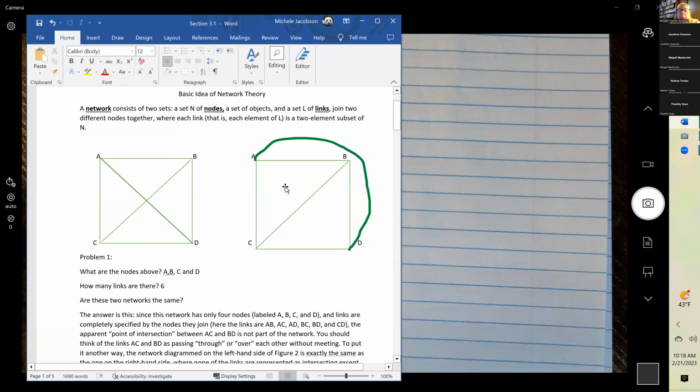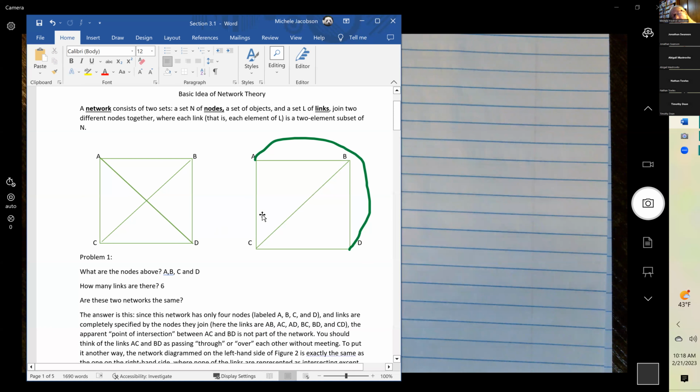Now these two are the same because there's still the 6 links, but they're going to the same nodes. The way it was drawn before, AD and AD, we had 2 paths going the same, so they were not the same networks, and now they are.